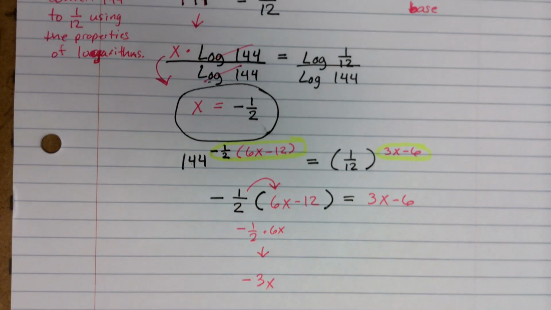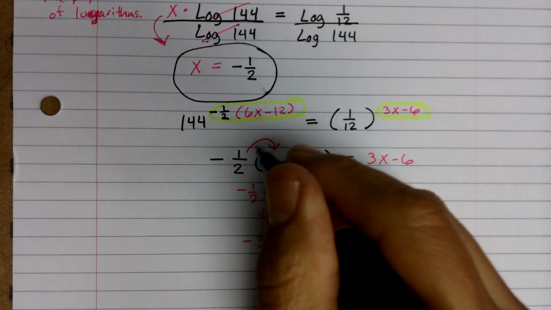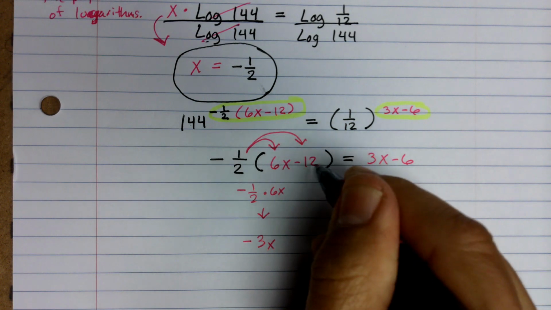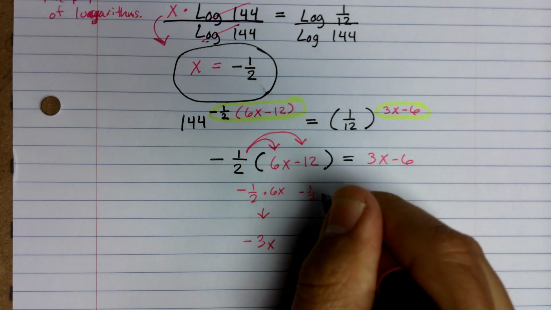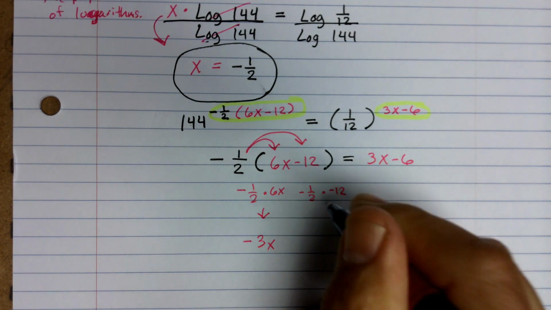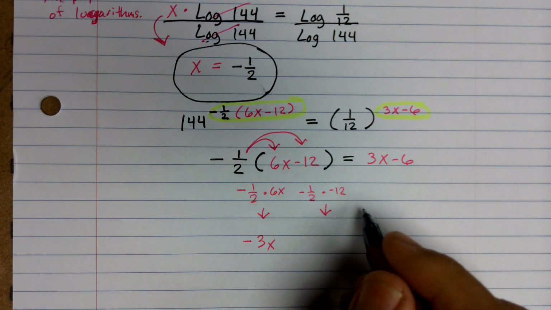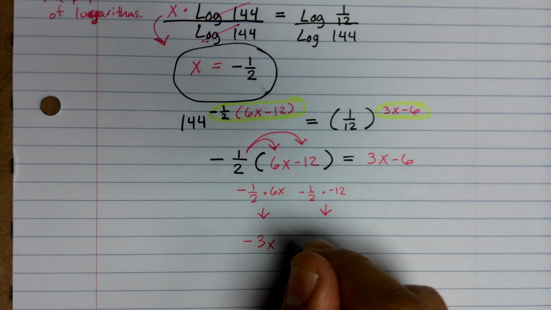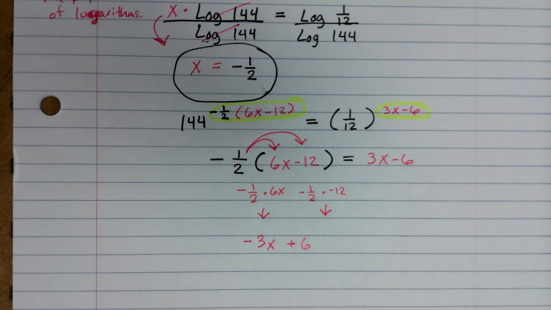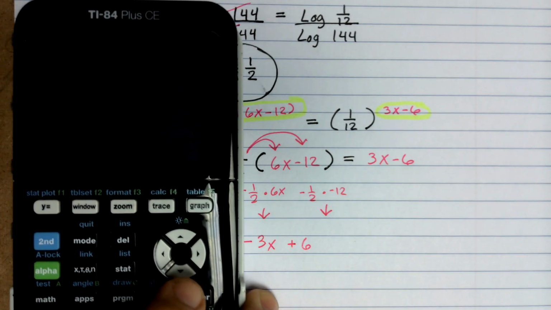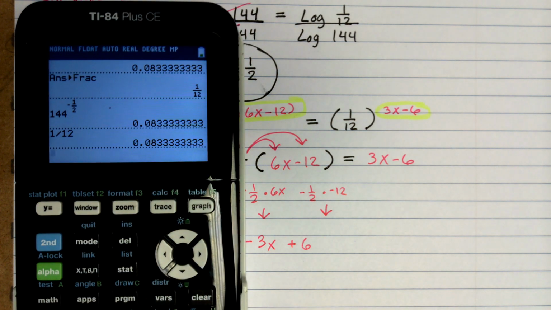So I'm going to move my camera down for you real quick. And then I'm going to take that negative 1/2 and multiply it by negative 12. So negative 1/2 times negative 12. If I multiply that out in my calculator, that is going to give me positive 6. Now remember, if you're not good at doing these calculations in your head, just use the calculator.